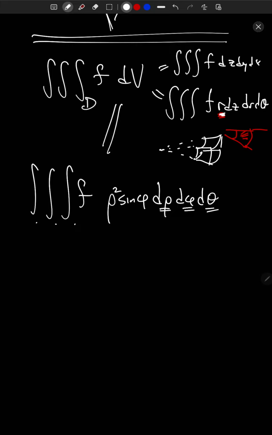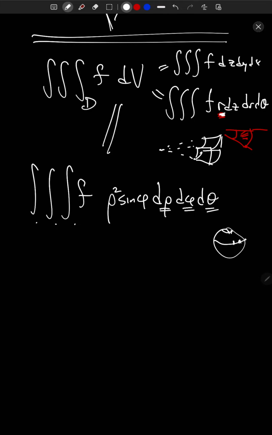The sine phi needs to be there because of how theta behaves. Let me draw a small picture here. Near the North Pole, it's very easy to move a large amount of theta compared to near the equator.